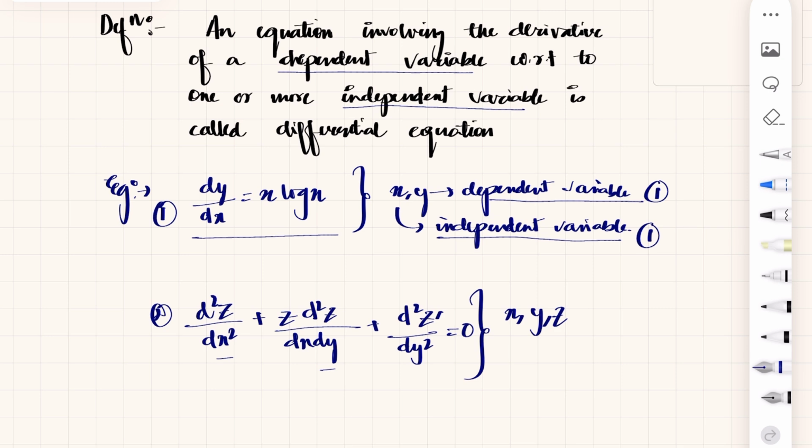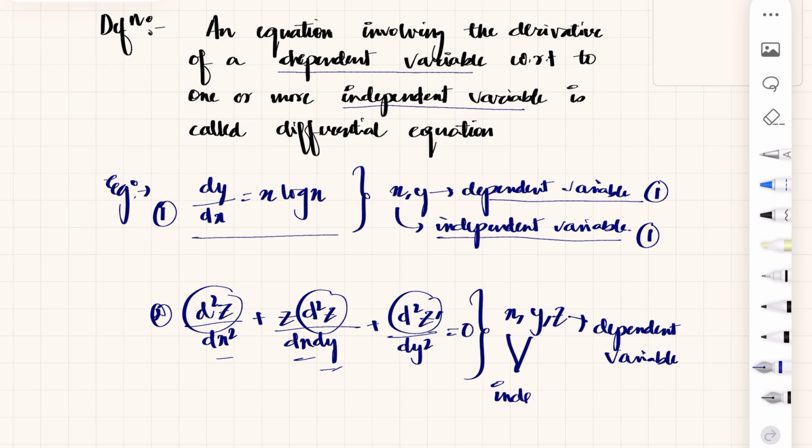Which one is the dependent variable and which are independent? Here z is the dependent variable, and the remaining x and y are the independent variables.